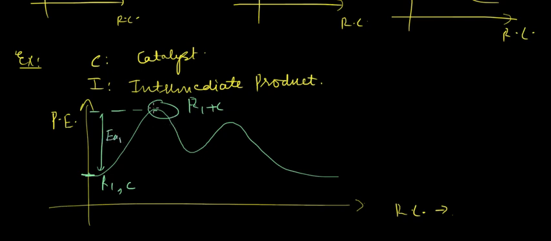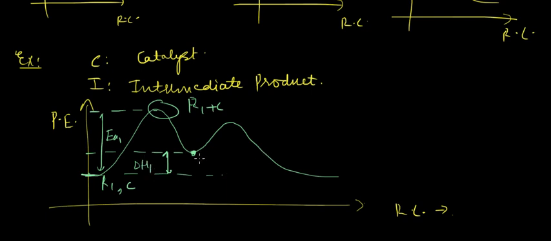Then after this, the intermediate product is formed, the activation complex is formed. The formation of this product happens at this energy level, so this is nothing but delta H1 or delta E1.